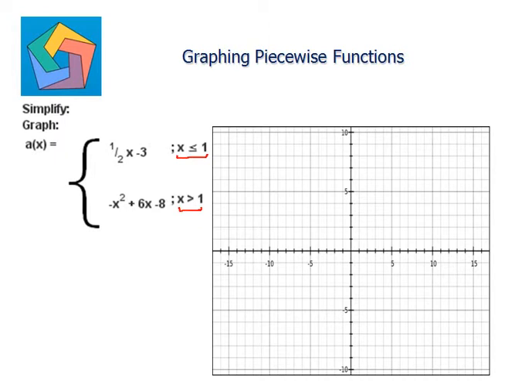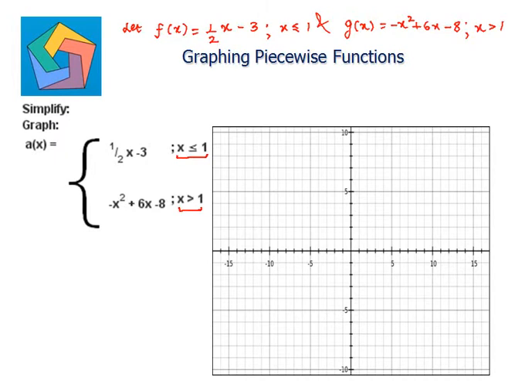So I'll make two t-charts here. Let me name these functions. Let f(x) be equal to 1/2 times x minus 3, x less than or equal to 1, and g(x) be the function negative x squared plus 6x minus 8, x greater than 1.